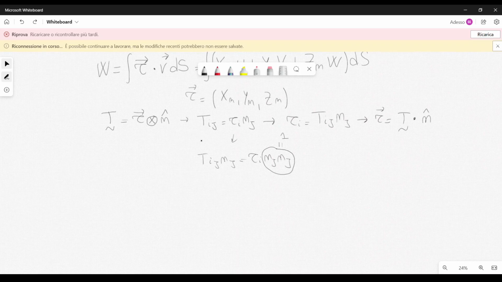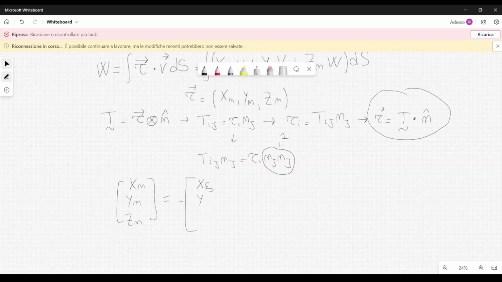And the components xn, yn, zn can be obtained from this expression, in particular from the components of the stress tensor, like this. So let's rewrite the stress tensor using this notation. I put a minus sign just for the sake of convenience, and then I will call its first column x xi, y xi, z xi. The second column will be x eta, y eta, z eta.